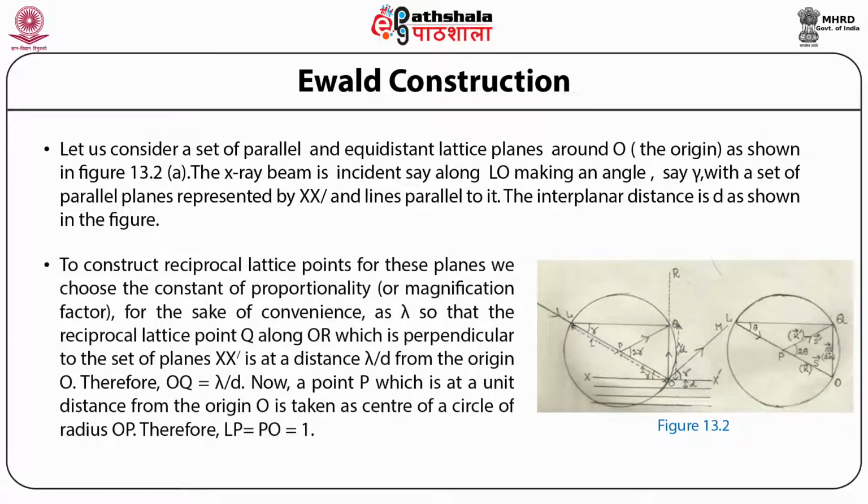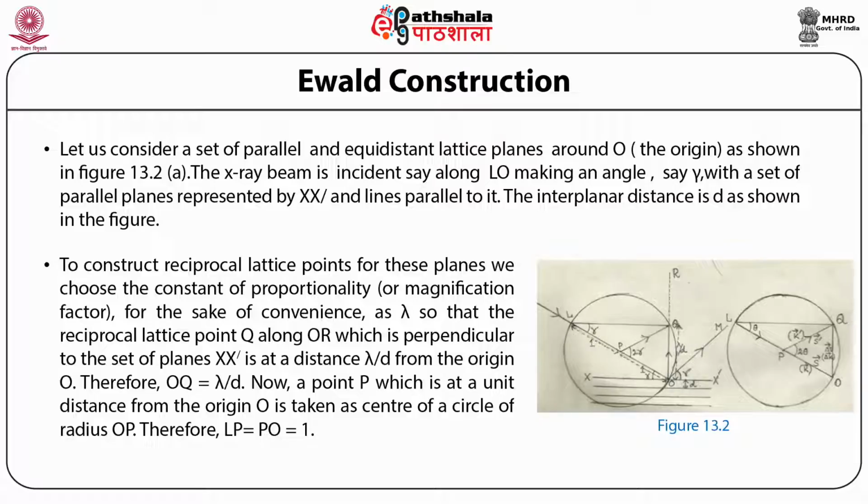To construct reciprocal lattice points for these planes, we choose the constant of proportionality, or what is called the magnification factor, for the sake of convenience as lambda, so that the reciprocal lattice point Q along OR, which is perpendicular to the set of planes XX prime, is at a distance lambda by d from the origin O. Therefore, OQ is equal to lambda by small d.